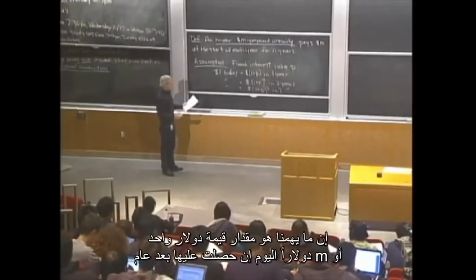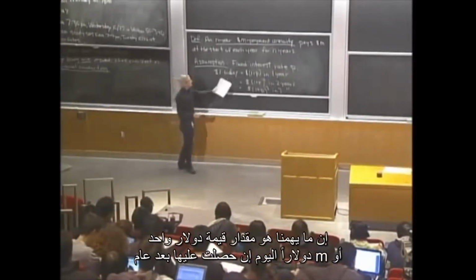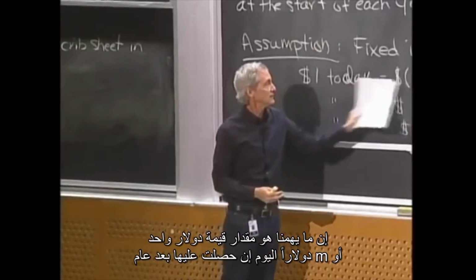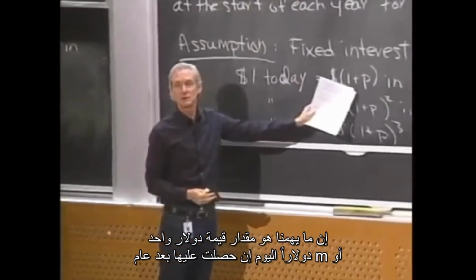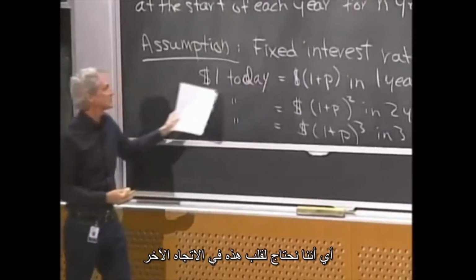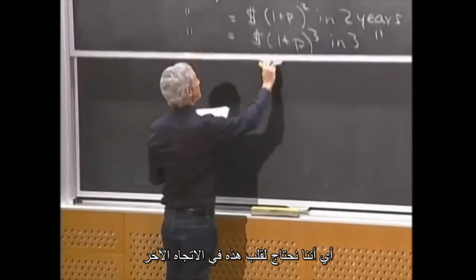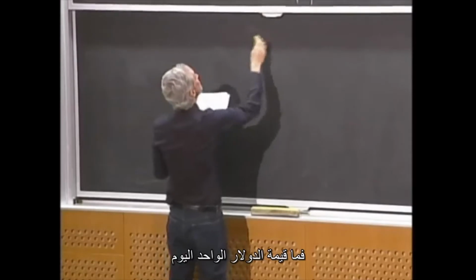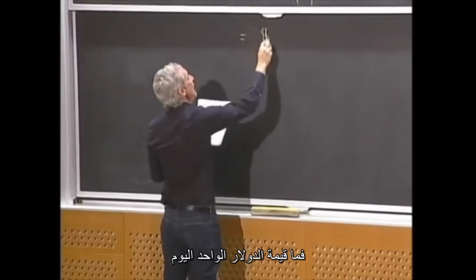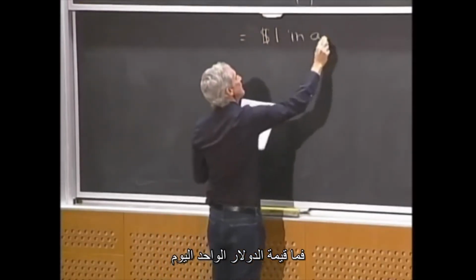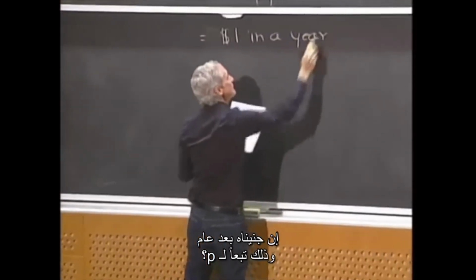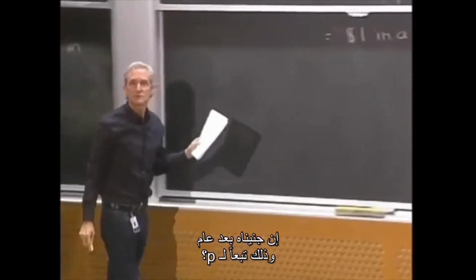All right, now what we really care about is what's $1 or M dollars worth today if you're getting it next year. So we need to sort of flip this and go back the other way. So what is $1 in a year worth today in terms of P?